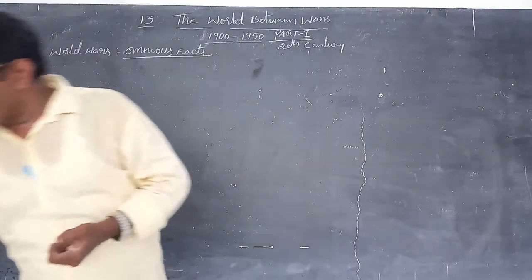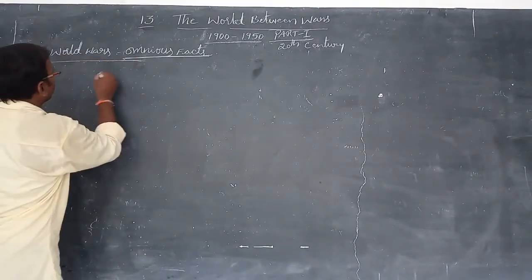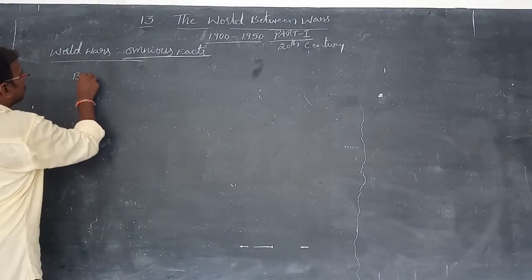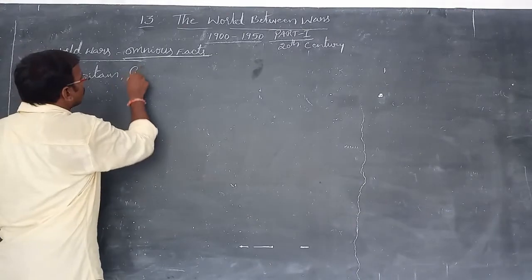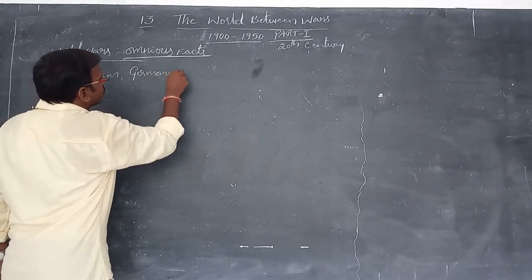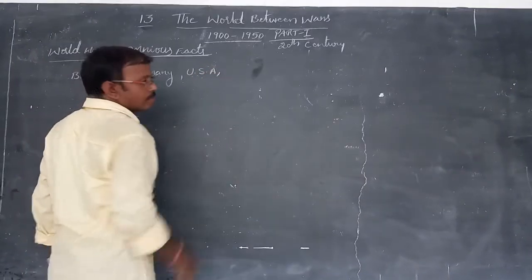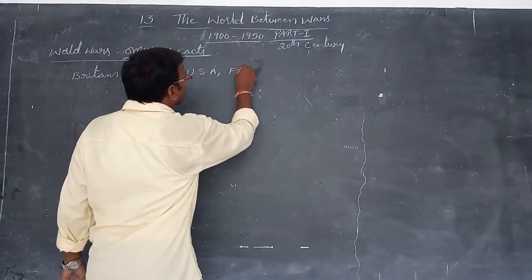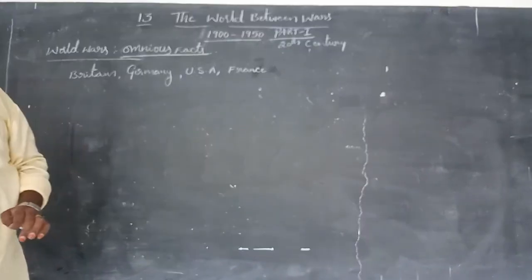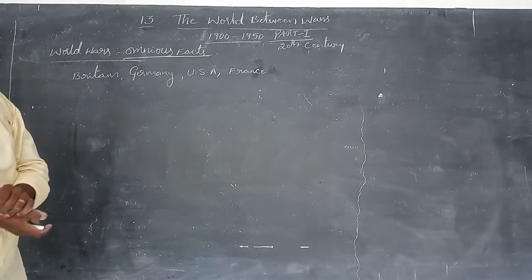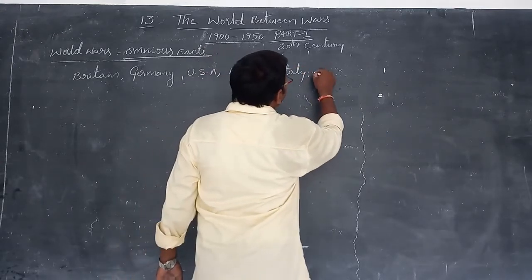In the beginning of the 20th century, mainly six countries: Britain, Germany, USA, France, Italy, and Japan.